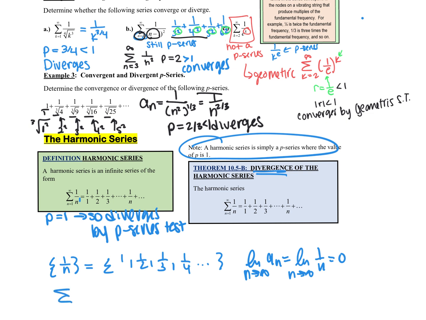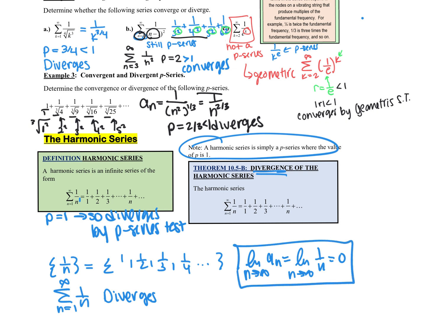But the series diverges by the p-series test, okay? So although the terms get closer and closer to 0, they don't get close enough to 0 fast enough for the series to converge. So this is why if the limit does equal 0 of the sequence, the nth term test for divergence is inconclusive, because sometimes when the limit equals 0, the series will converge and sometimes it will diverge. And here's an example of diverging.